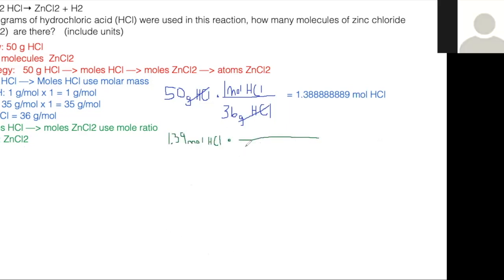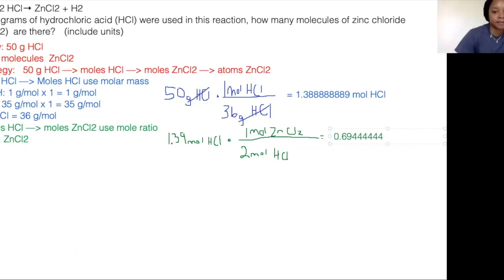And then you put 2 moles of HCl on the bottom, and 1 mole of zinc chloride on top. You get 0.695. And what are the units? Moles of zinc chloride. Perfect. Good job.